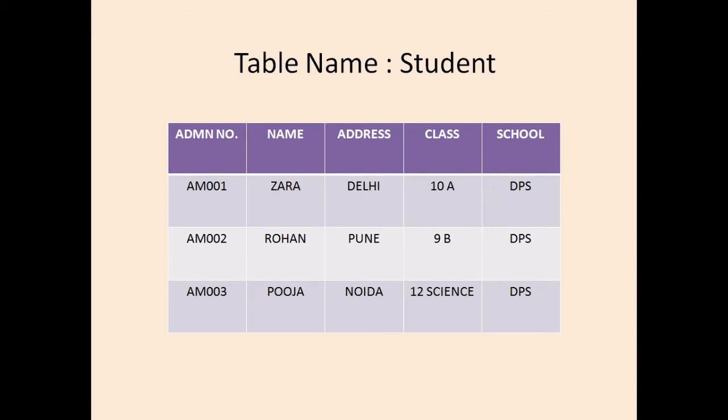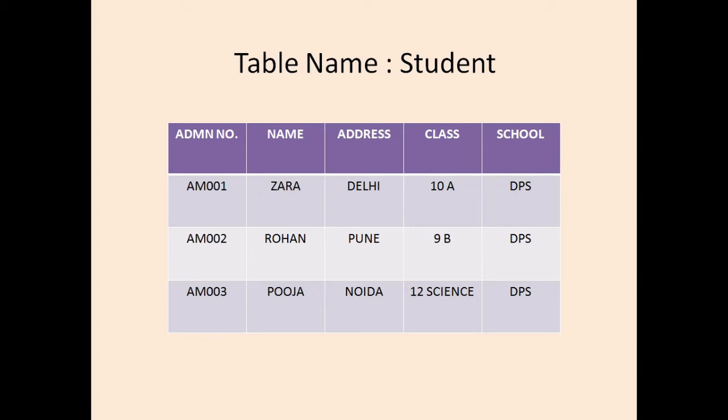Why impossible? Because inside Delhi there might be so many Zaras present. The same case applies to the class also. Inside one class, class 10A, there might be too many Zaras. There may be 3, 4 or in some cases only one.